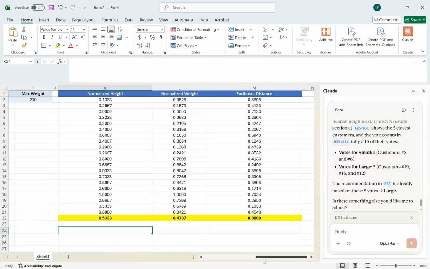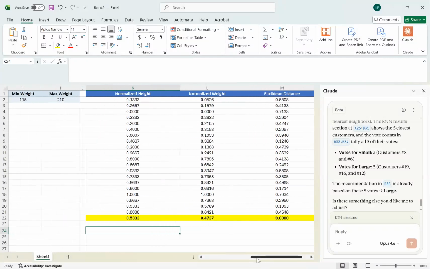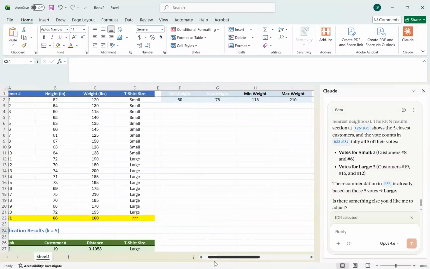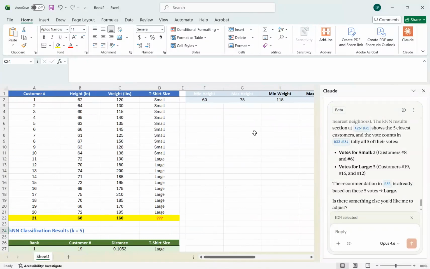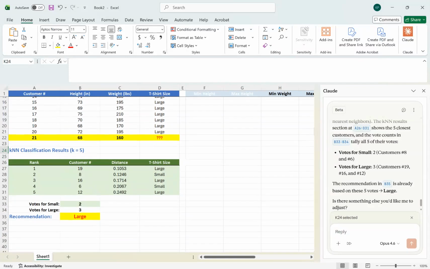So otherwise it's very hard to say what k value is the best one. And in order to implement the technique, we need to know what k we should use. It should be an odd number instead of an even number, otherwise there'll be potential ties. It'll be hard to make a recommendation. So k equal to 5 is used, and it identified the five nearest neighbors.